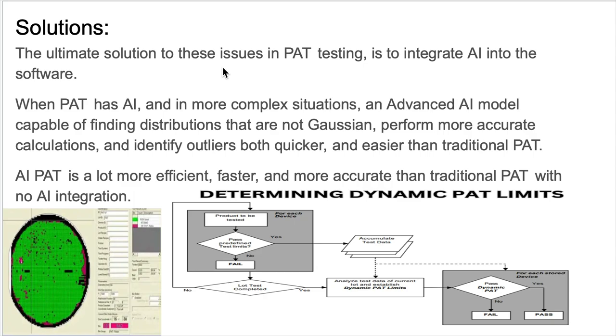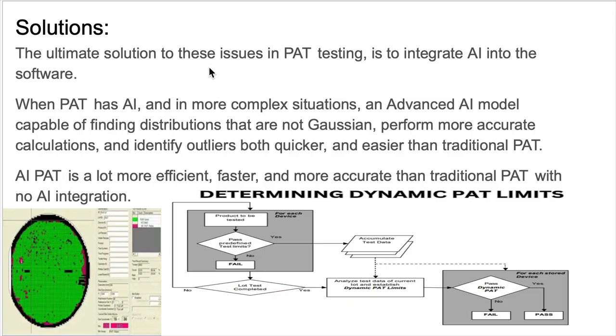It can also perform more accurate calculations because it has AI in it, and AI can look at the data and analyze it a lot better, and can identify outliers quicker and easier. So the solution is to integrate AI into PAT. This way, PAT becomes a lot more efficient, faster, and more accurate.